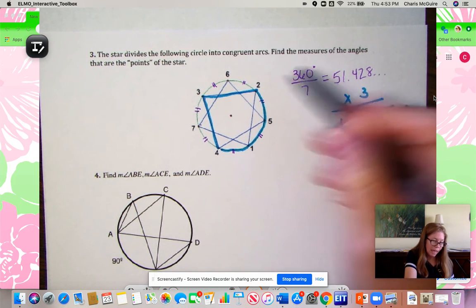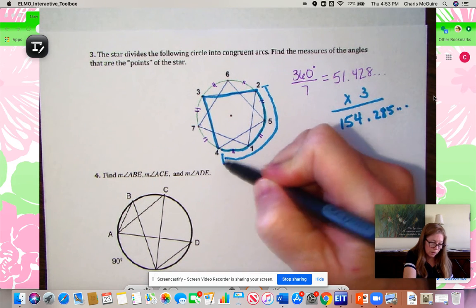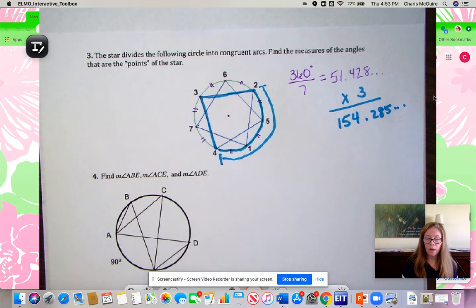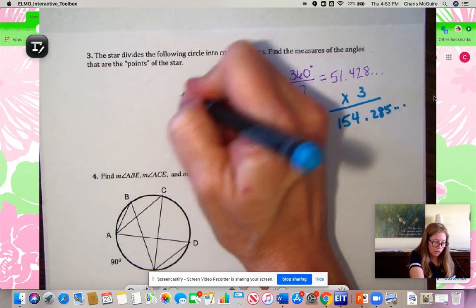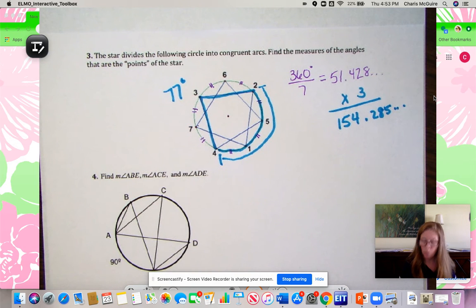Now here's the thing. That is encompassing this whole entire length of that arc. But remember, it's not equal to the inscribed angle. It's half of that. So we're going to divide by 2. And so your final answer for angle 3 is 77 degrees. I really got like 77.14, but we can round it. Pretty good, huh? Fun stuff, right?